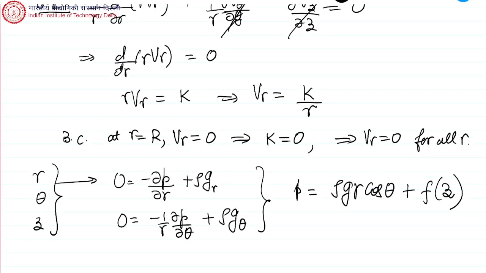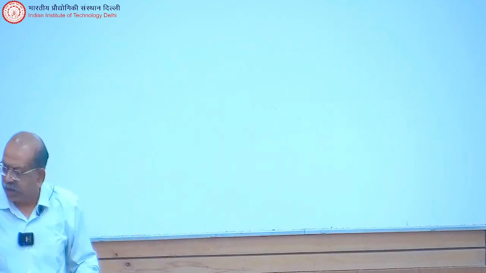And this you can work out. So this is from the R and theta equations. And when you differentiate this expression for P, what it is going to give you is partial P by partial Z is only a function of Z, F prime, which is just a function of Z. This is what you are going to get from here.